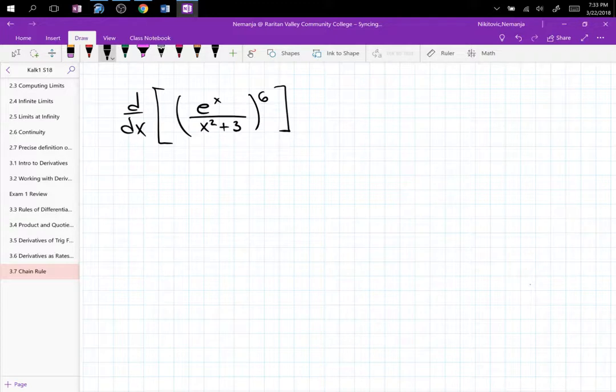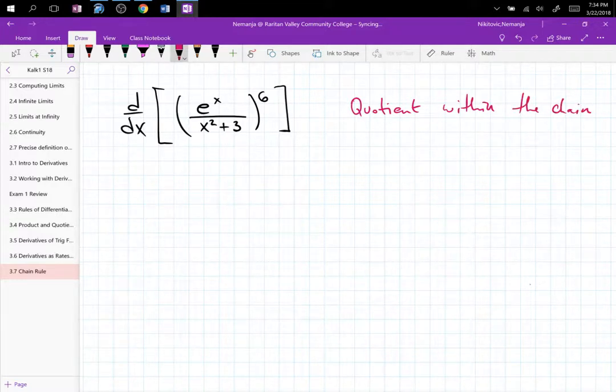Yes, we all see the quotient rule. But you also see the chain rule here. So this one is a quotient within the chain. That's what it is. Right?